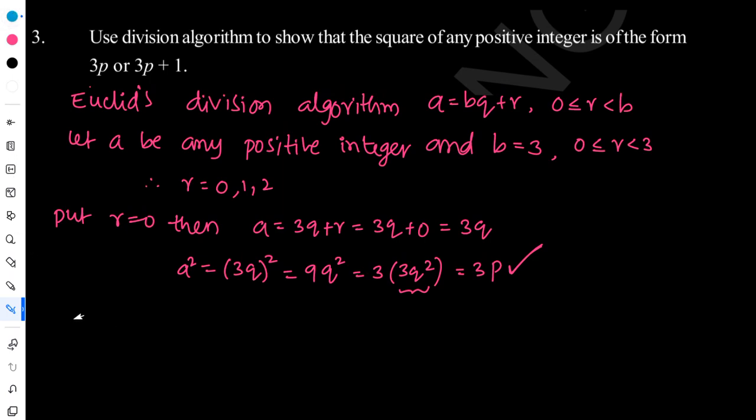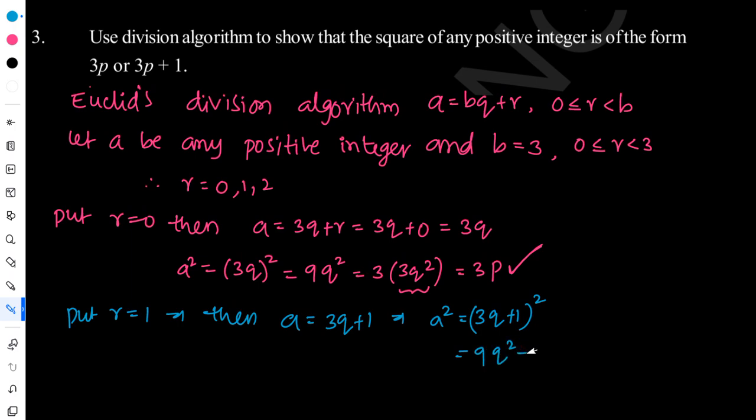Now put the second one. Put r equals to 1. Then a equals 3q plus 1. Now do its square. So a square equals 3q plus 1 whole square. So this is a plus b whole square. What is a plus b whole square? a square plus b square plus 2ab, that is 6q. Okay, now rearrange the terms.